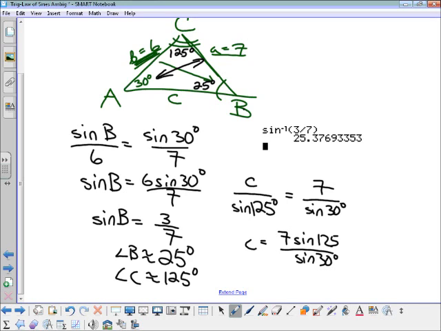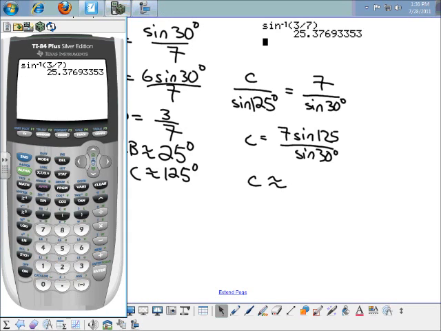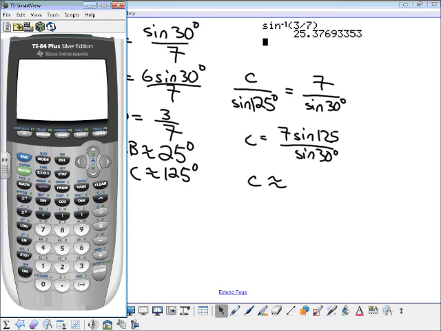Now again, we're not always going to be given nice angles, so let's pretend we didn't know sine of 30 and we had to plug it into the calculator like that. It's all multiplication, so you don't have to worry about any special parentheses other than inside the sine. So 7 times sine of 125 divided by sine of 30 will equal about 11.5.